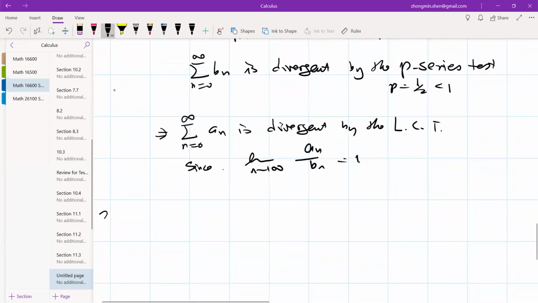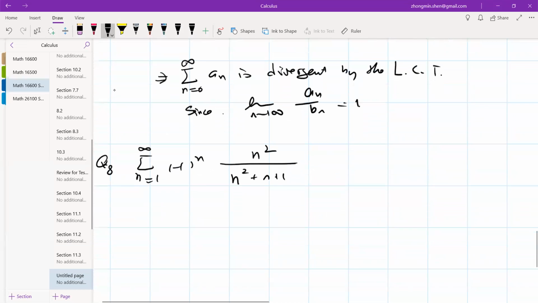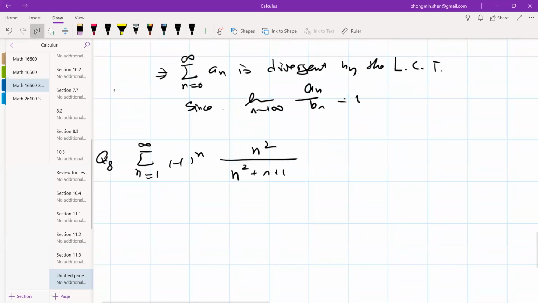Here's an interesting problem: the series with n squared plus n plus 1 in the denominator. I'll give you half a minute to think about it.